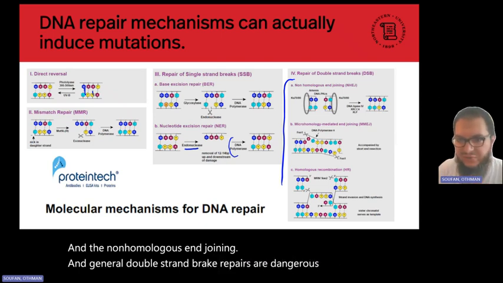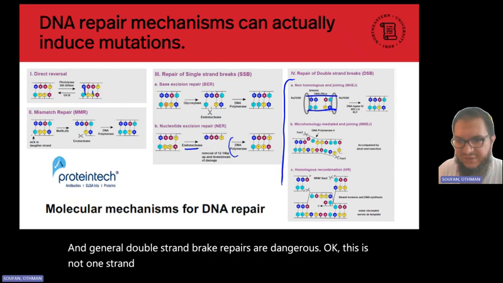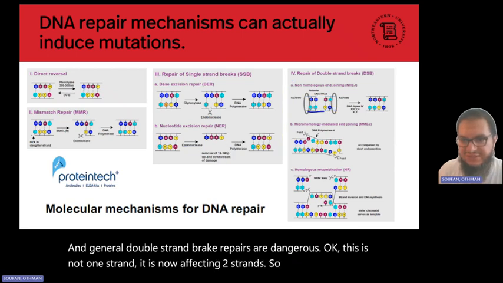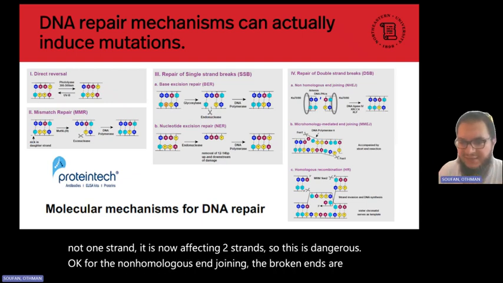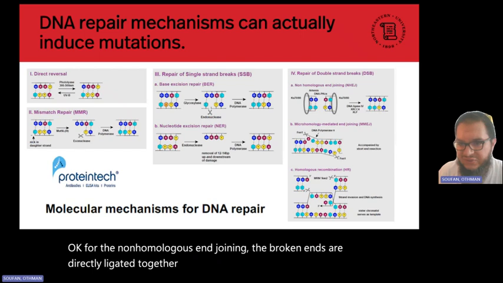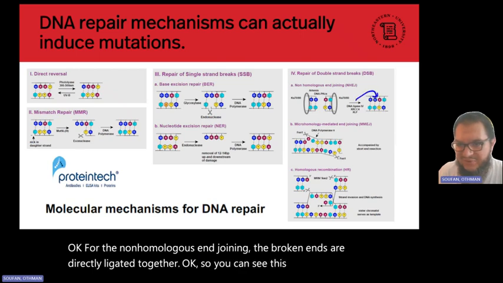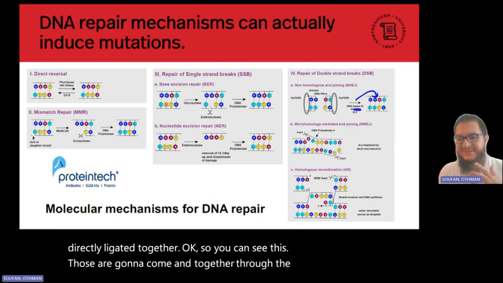This is not one strand; it is now affecting two strands. For non-homologous end joining, the broken ends are directly ligated together. You can see those are going to come together through the DNA ligase.